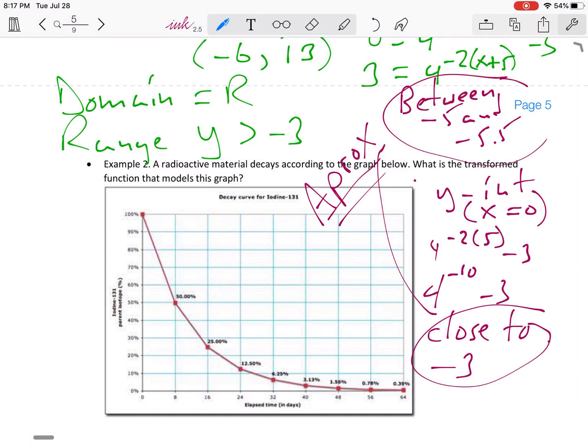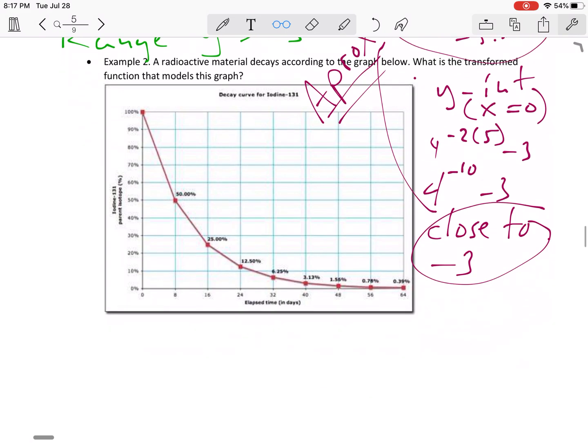Okay, let's look at working the other way now, where you're given a graph, and you want to try to figure out what the equation is. So here's a decay model for iodine, an isotope of iodine, 131.